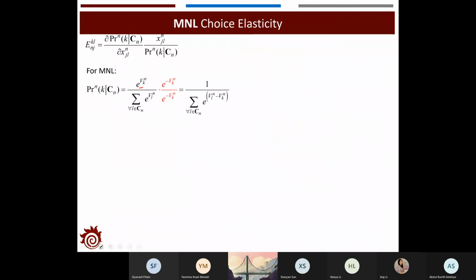And we can apply a slight modification about the components on top and the bottom of this probability, and expand this one, applying it to calculate the first order partial derivative for the specific variable xjl.